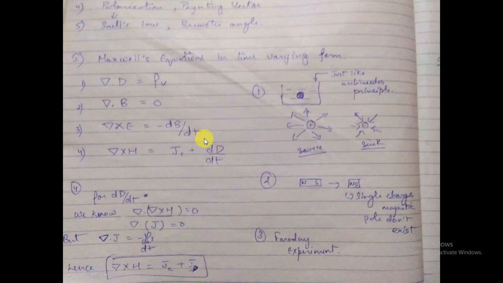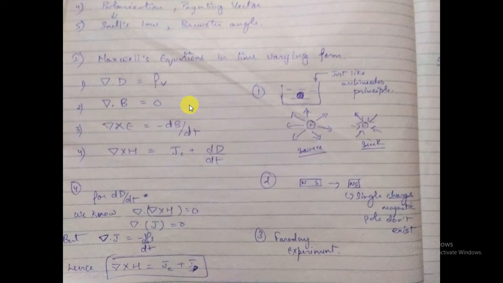This equation says that current produces a magnetic field, and this equation shows that a magnetic field produces an electric field. The main thing here is that D is epsilon E. So the electric field is differentiated, that is d by dt, and we get the magnetic field, and then the magnetic field is again differentiated and we get the electric field again.